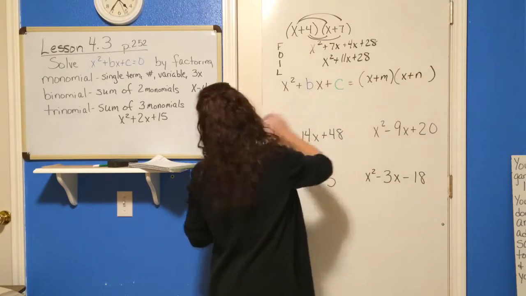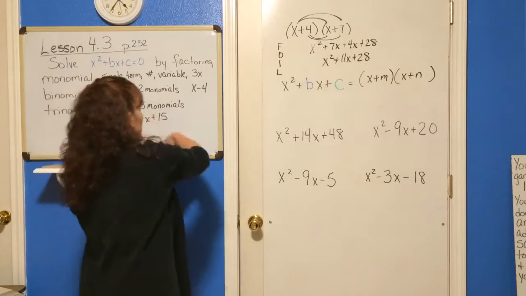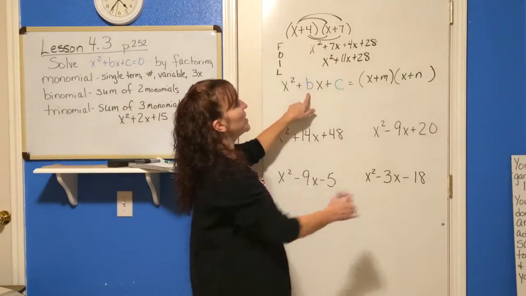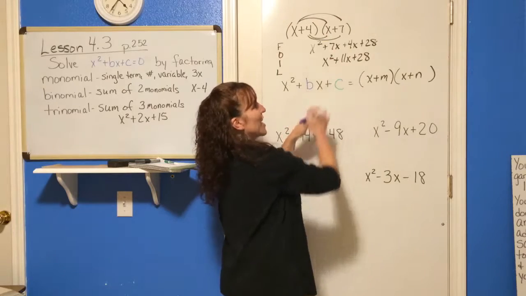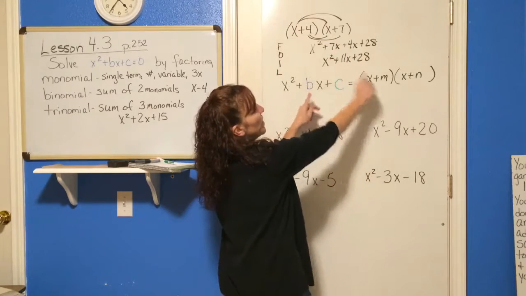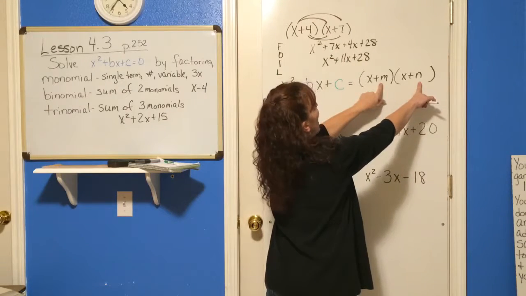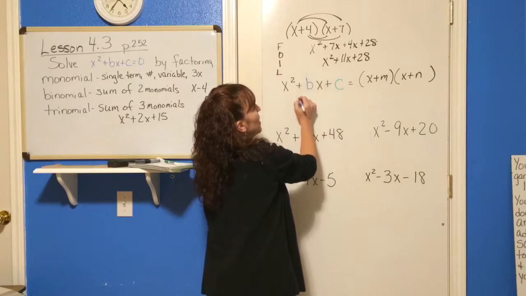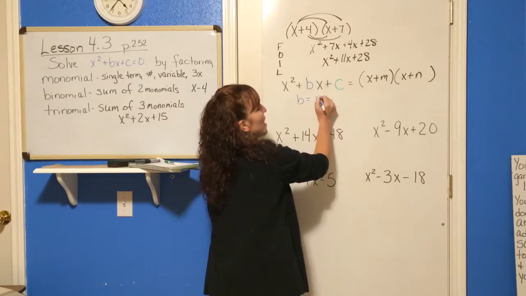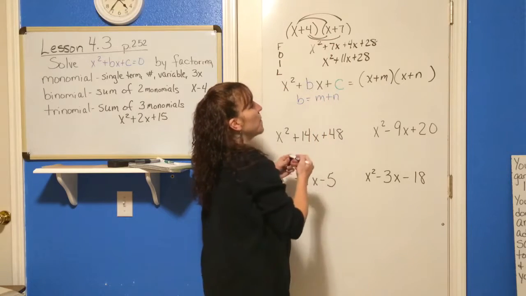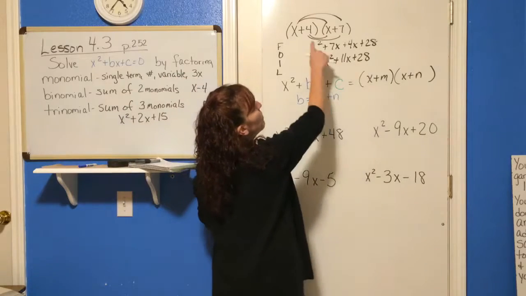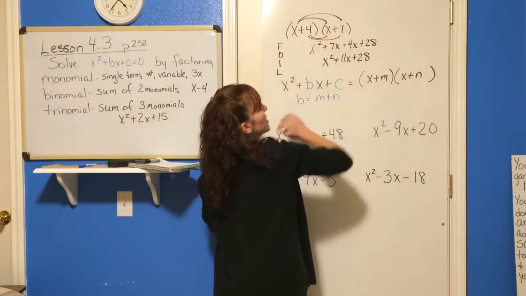And if you can look back and see from when we multiplied and used FOIL, the b term, the term right in front of your x, came from these two numbers added together. The 11 came from the 4 plus 7. So the b is going to be the same as m plus n. Our c term, the last term, the constant, came from when we multiplied our last terms, the 4 times 7.